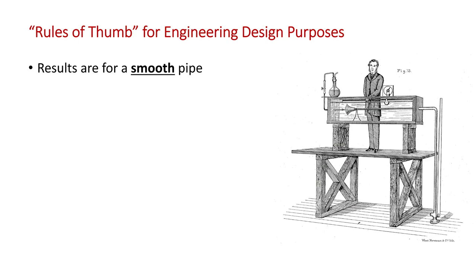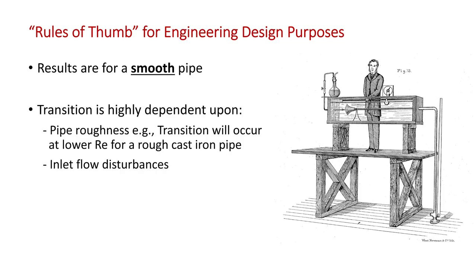For example, you should keep in mind that these ranges are for a smooth glass tube. It turns out that transition from laminar to turbulent flow is highly dependent upon pipe surface roughness. So, for example, if you have a rough cast iron pipe, the flow will likely go turbulent at a lower Reynolds number than in a glass tube.